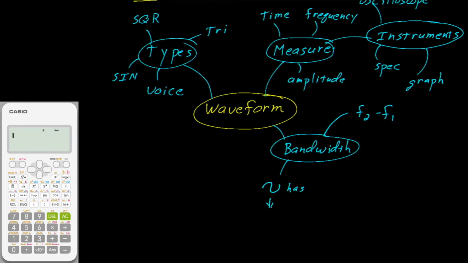So we'll just use that as an arrow, so a low B. Whereas a square wave has a high bandwidth. In fact, we could talk about discontinuities.